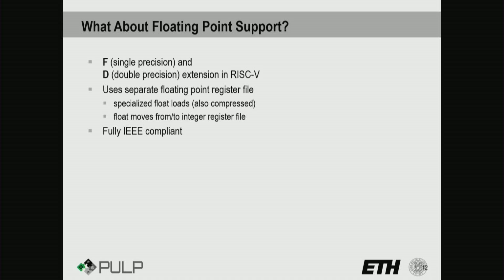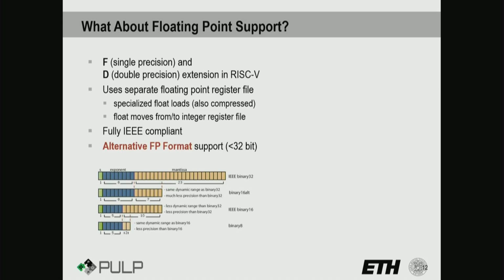And we've actually developed a floating point unit which supports the RISC-V F and D extension. It's fully IEEE compliant, it's open source, you can find it on GitHub. It uses the separate float register file as mandated by RISC-V, but it's fully configurable.